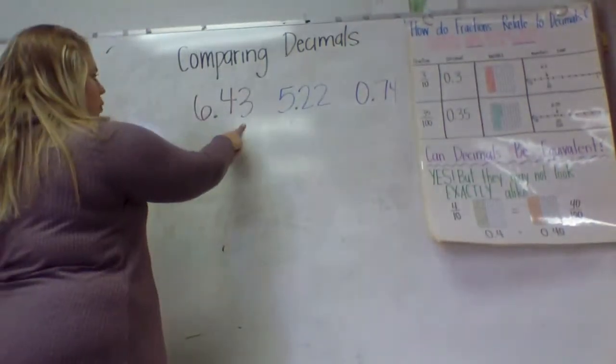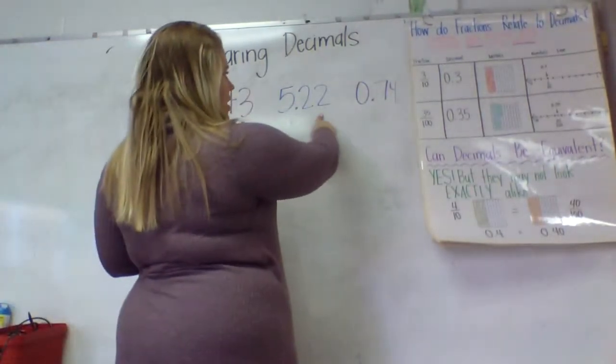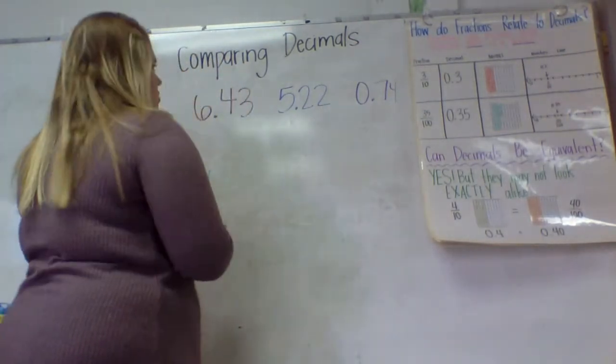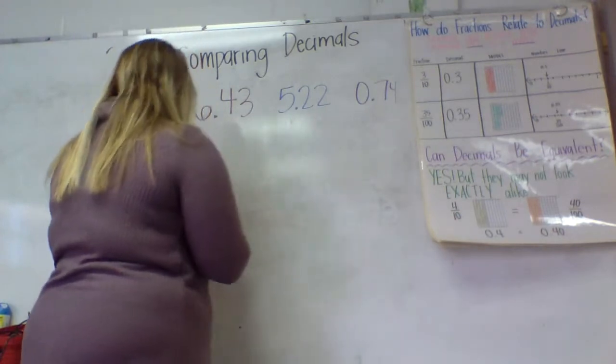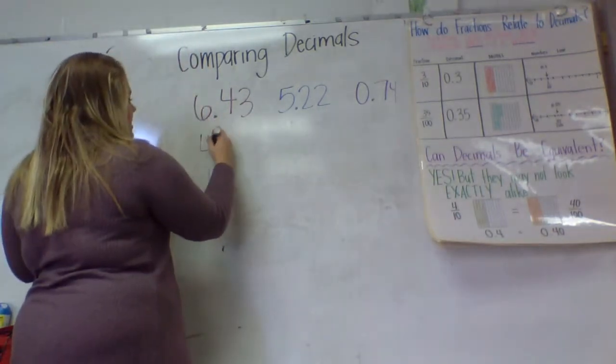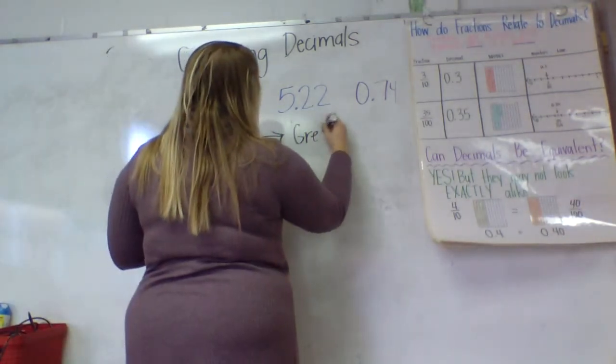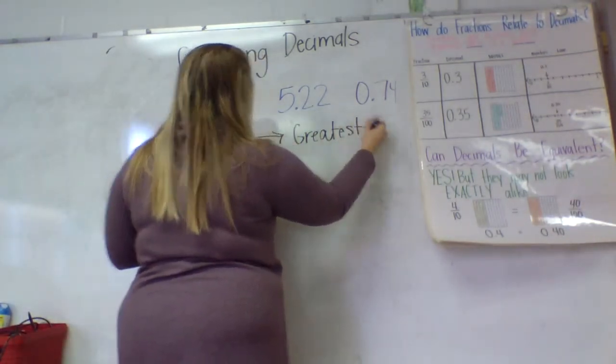So I have 6 and 43/100, 5 and 22/100, and 74/100. And I want to put them in order from least to greatest.